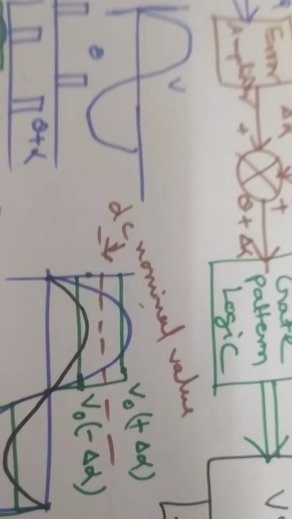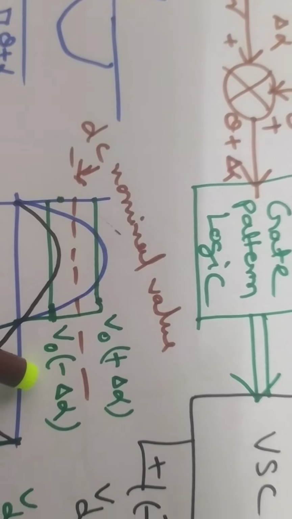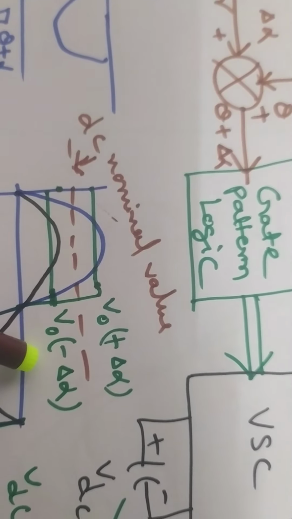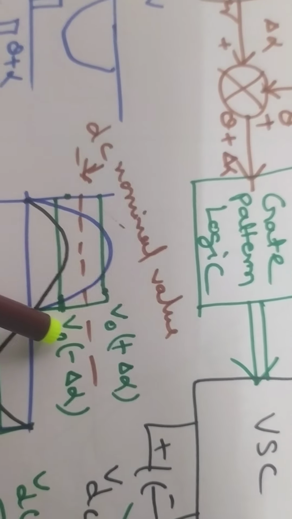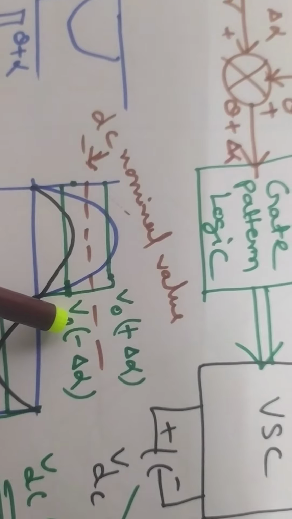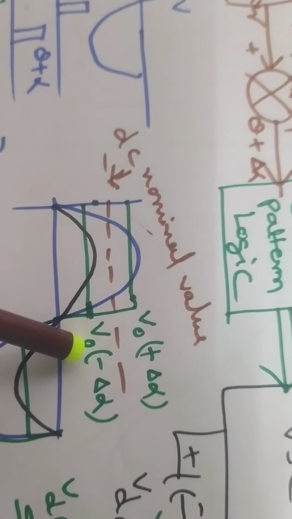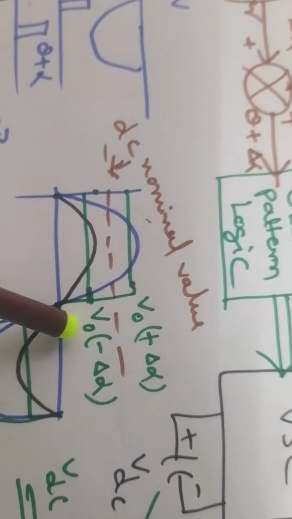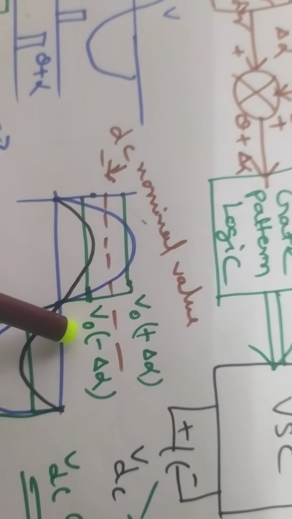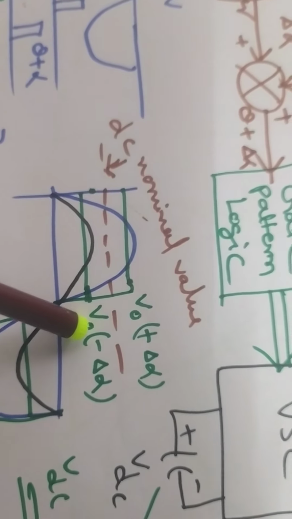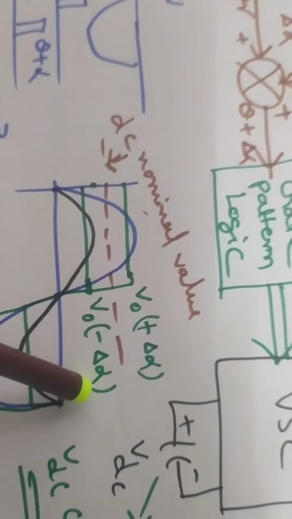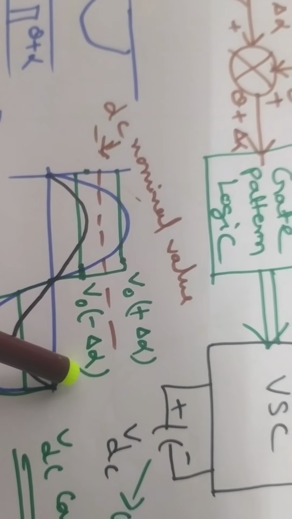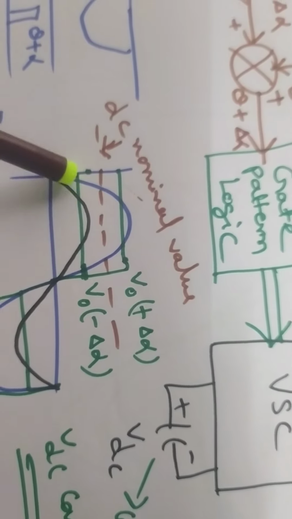If you want to decrease the output voltage of the converter in order to decrease the magnitude of reactive power, either it is lagging or leading, generally it is the lagging side, then the V0 can be reduced by giving the signal minus delta alpha, by reducing the VDC.